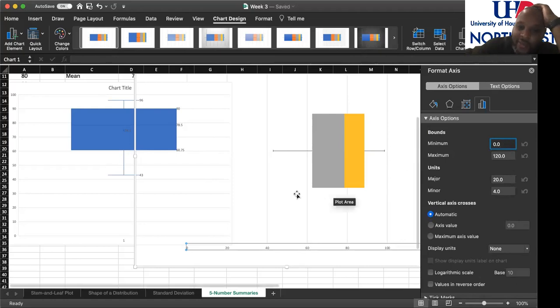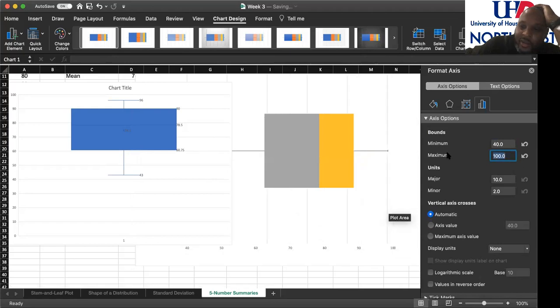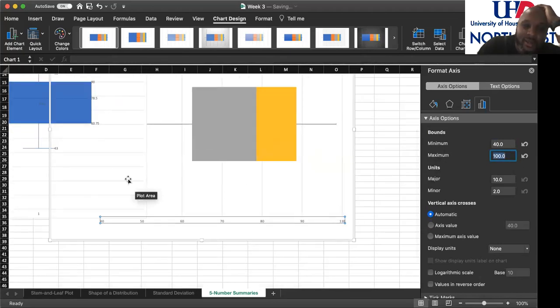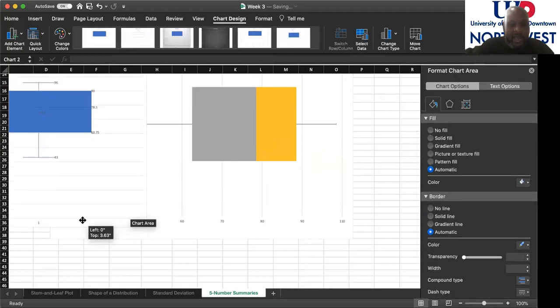I can start this graph at, let's say I want to start the graph at 40 and end it at 100. If I start at 40, it looks like they ended at 100. Here's what the graph looks like. So look how much bigger and look how much clearer you can see when it does that. So you can play with the axis.